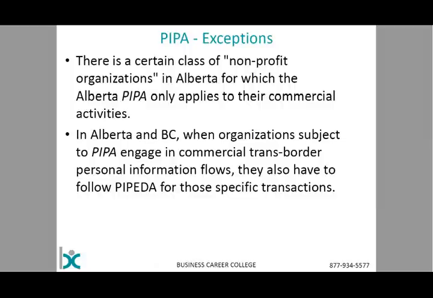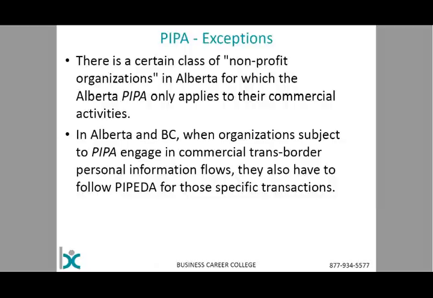So what a trans-border personal information flow is when your personal information, for one reason or another, has to be transmitted from the province where we're looking at PIPA to another province.